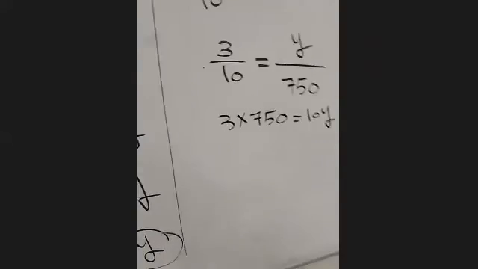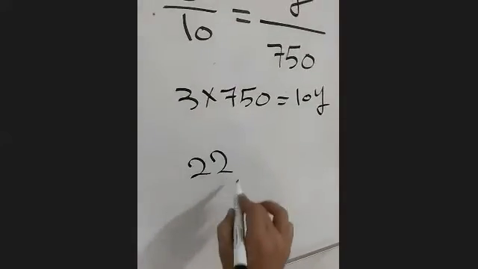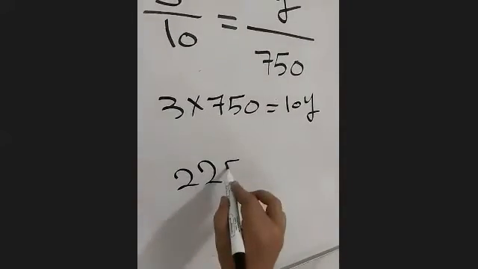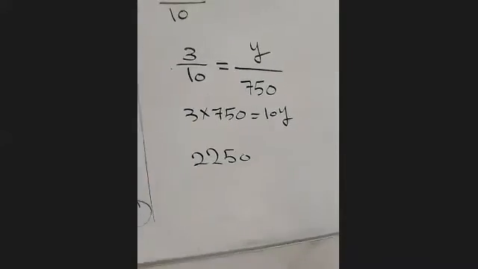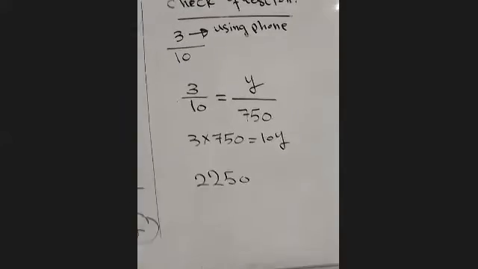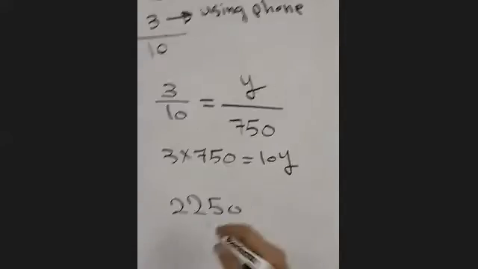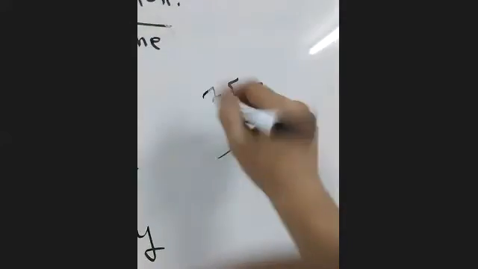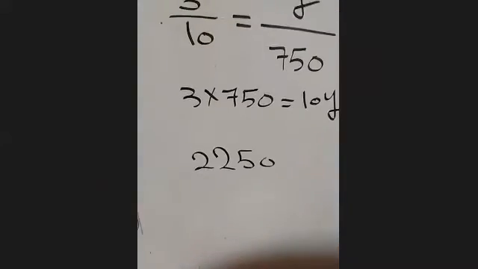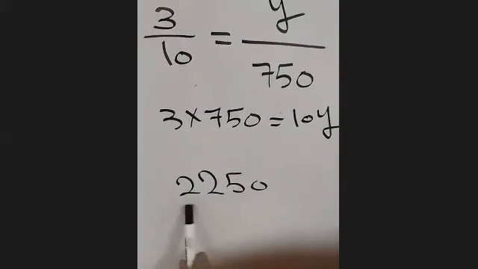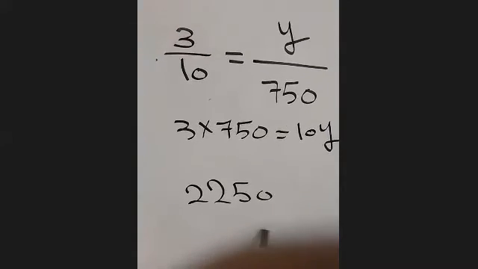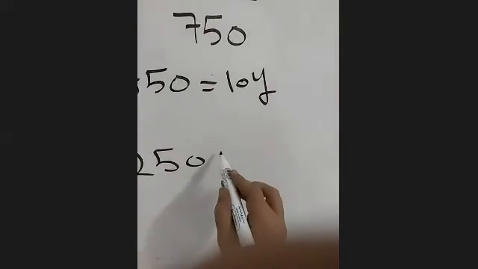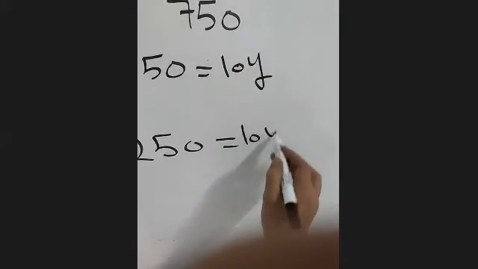It is 2,250. You know how to multiply, you are adult students now. Equals 10y.